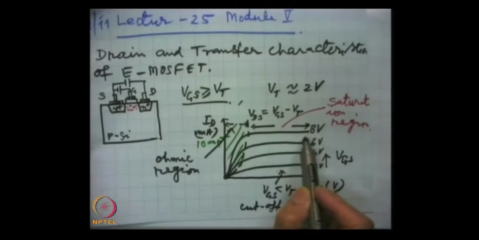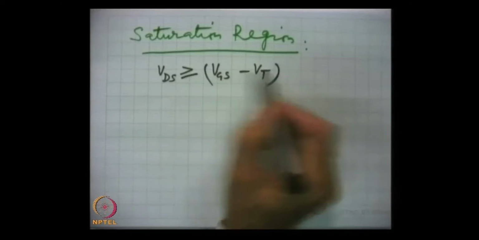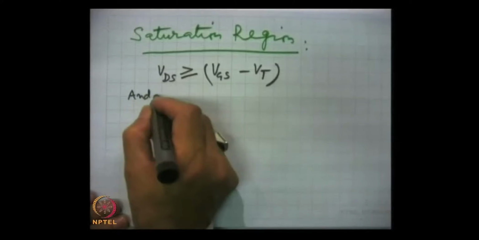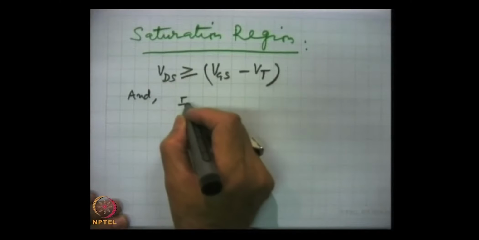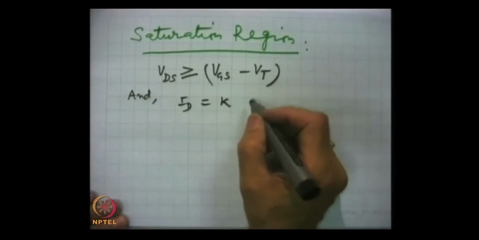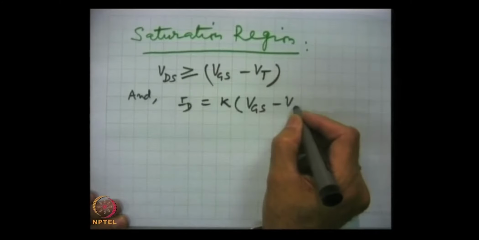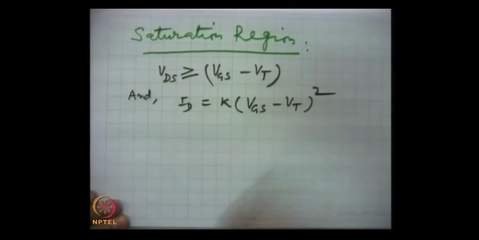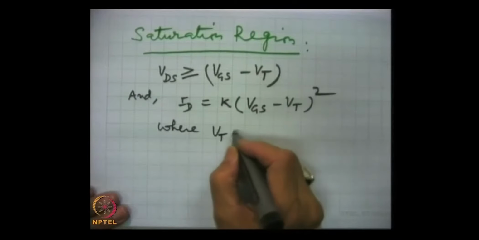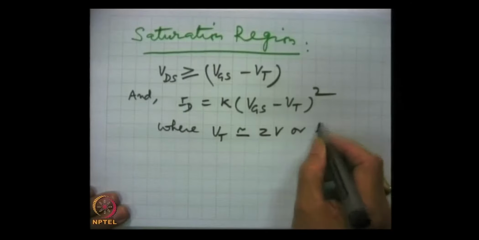So, in the saturation region, VDS has to be greater than this parameter, and the drain current is given by K, the constant which we have defined above, times VGS minus VT square, where VT is around 2 volts or less.